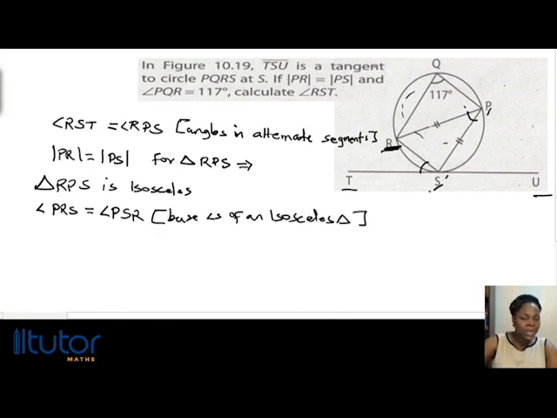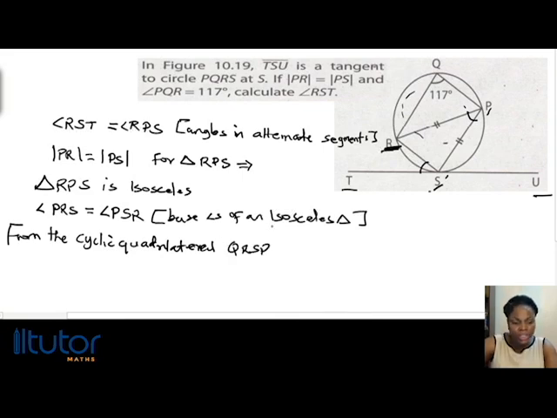Now, PSR, from the cyclic quadrilateral QRSP.